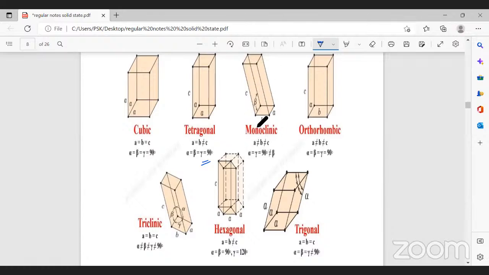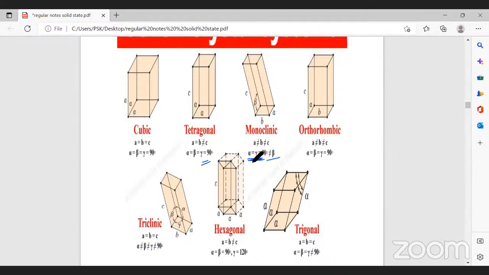The next is monoclinic. In case of monoclinic, a is not equal to b, b is not equal to c. Length, width, and height are not equal. But you can see alpha and gamma is equal to 90, but beta is not equal to 90. Okay, you know what is alpha, what is beta.